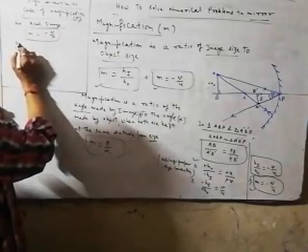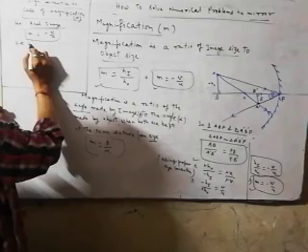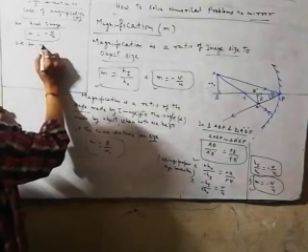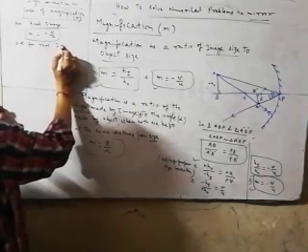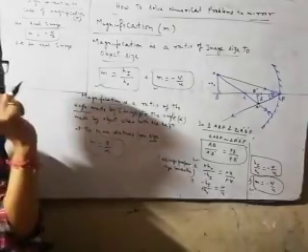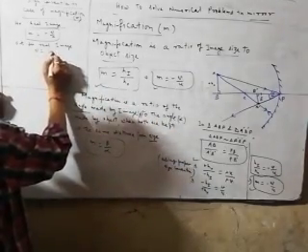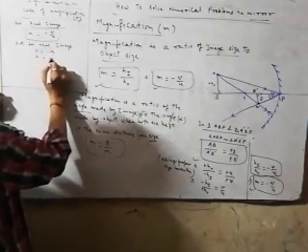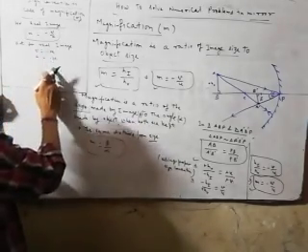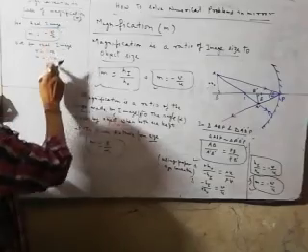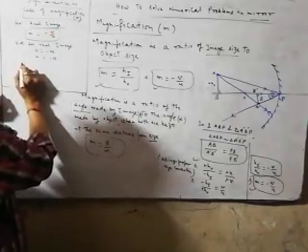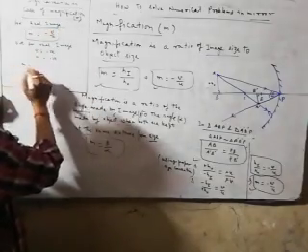But for a real image, we know that V is negative, U is also negative. So if we put them in the general formula, let's see what comes out.